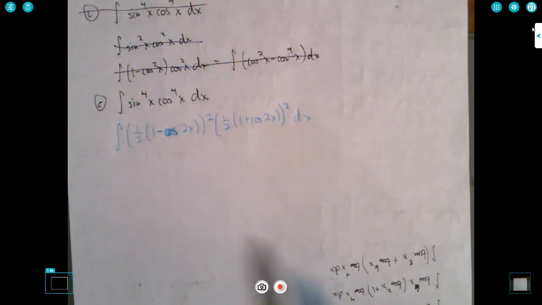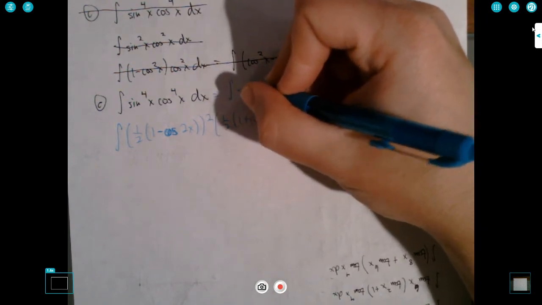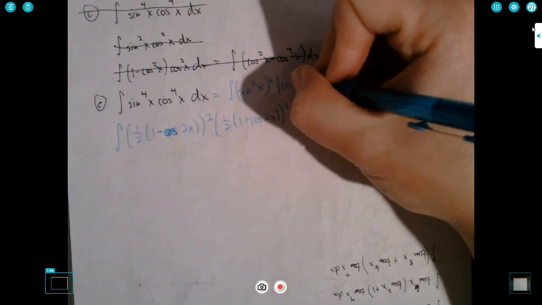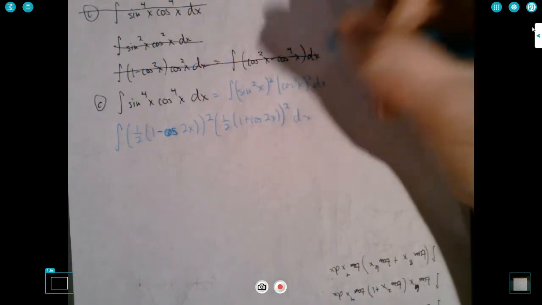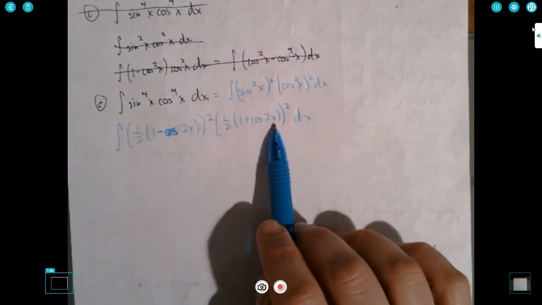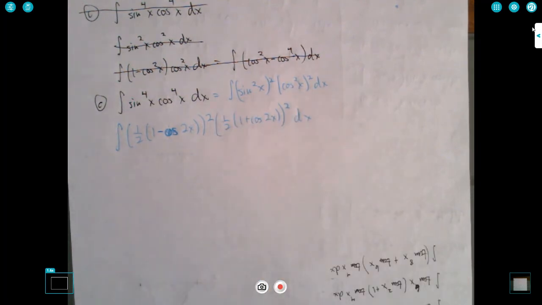Okay, that'll get us all the way from, right, I'm kind of doing an intermediate step where I'm thinking of this as sine squared x squared times cosine squared x squared. And the sine squared x becomes this, the cosine squared x becomes that. Okay.